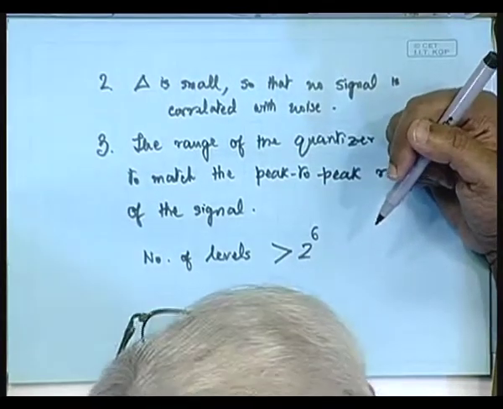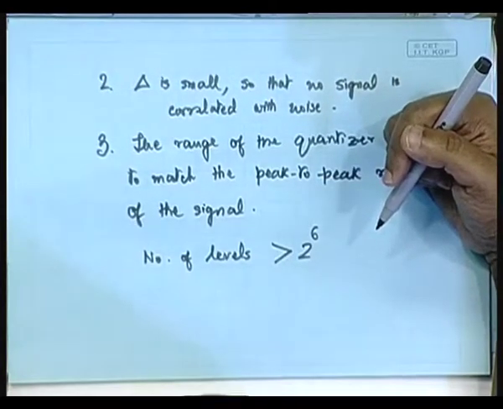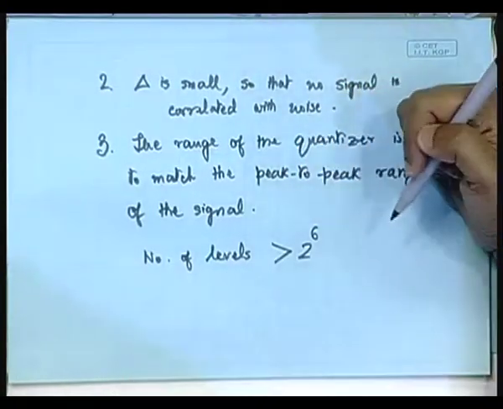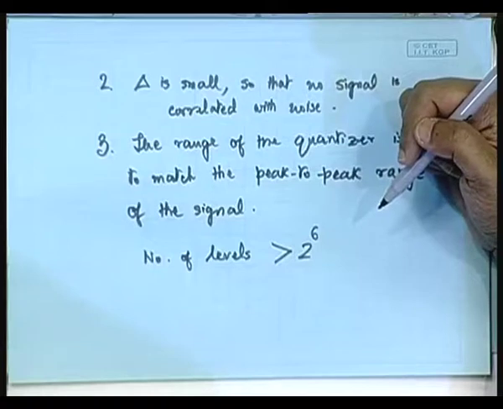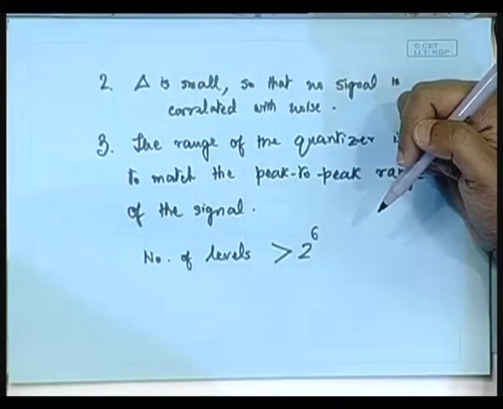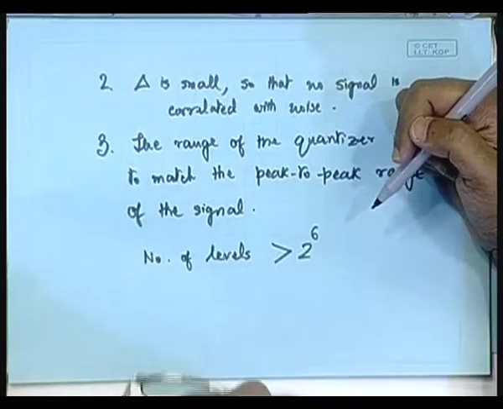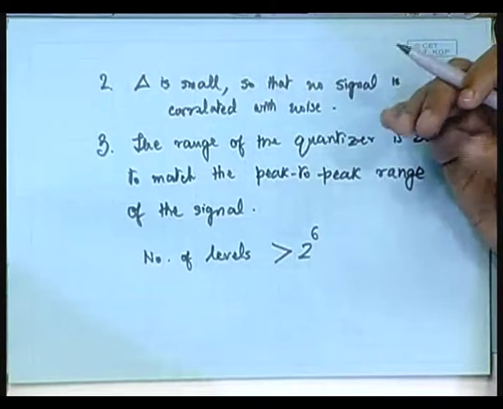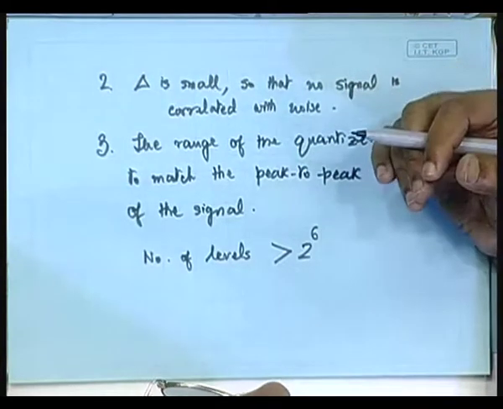If it matches the voiced signal, then whenever the speaker goes to the unvoiced part of the speech, that range cannot be satisfied, because the unvoiced speech is going to have a much lower dynamic range, which means for the unvoiced part of the speech we are going to have a very poor SNR. The SNR may be good for the voiced speech, but for unvoiced speech it is going to be very bad.